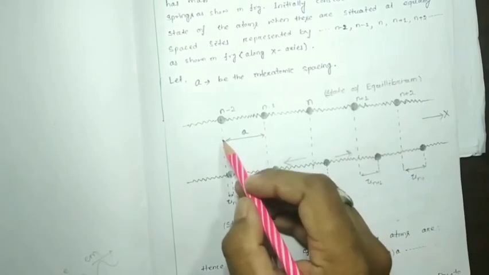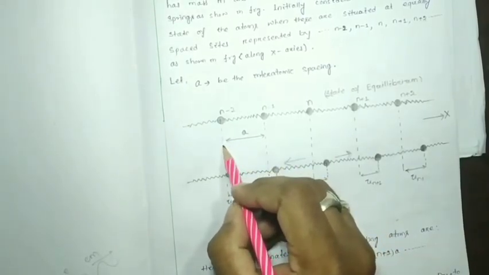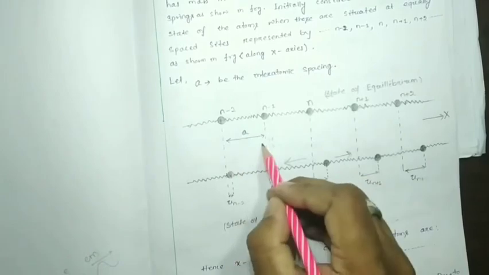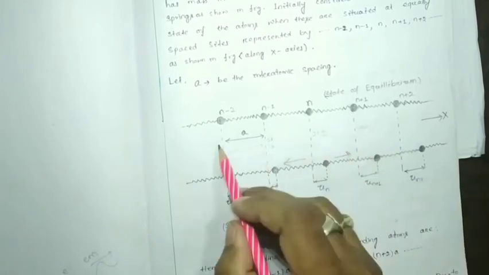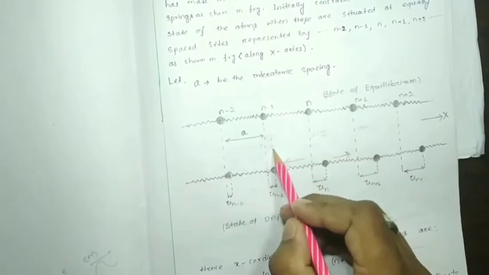Suppose this atom is the origin, then this much distance will be 2 pi by a, then 2 times 2 pi by a, then 3 times 2 pi by a. That means the interplanar spacing in the reciprocal space, or K space, will be 2 pi by a, but in the real space it will be a.